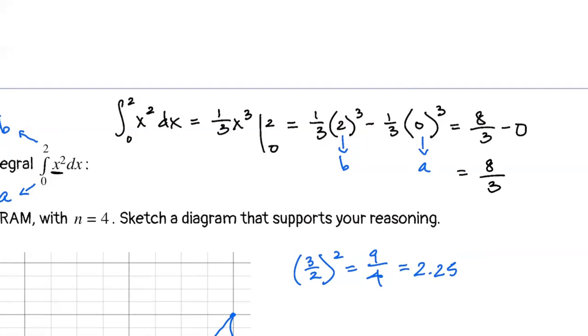Now, I don't usually like to turn things into decimals, especially with thirds, because it's not very accurate. There's always a repeating decimal, but can we take 8/3, turn it into a decimal just to see what we get? 2.6 repeating.